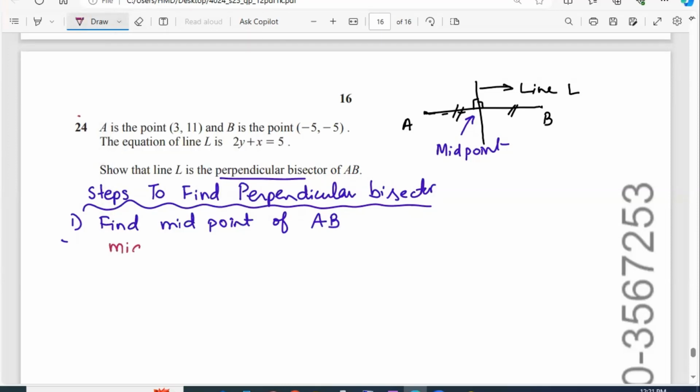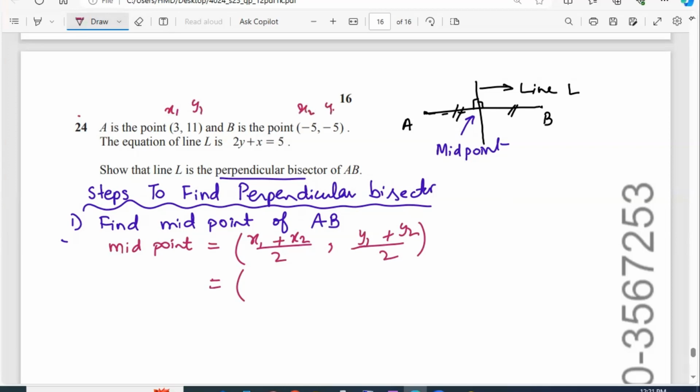Midpoint equals x1 plus x2 divided by 2, comma, y1 plus y2 divided by 2. So x1 is 3, x2 is -5. This is x1, y1, x2, y2.